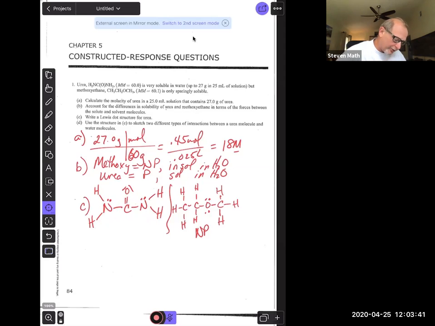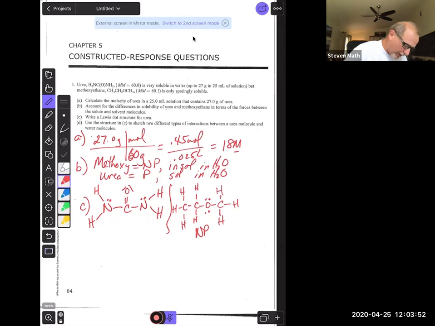Use the structure in C to sketch two different kinds of interactions of water with the urea molecule. And so I'm going to redraw my urea down here just to give me a little bit of room.